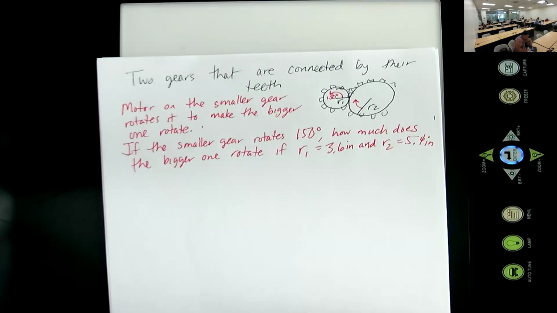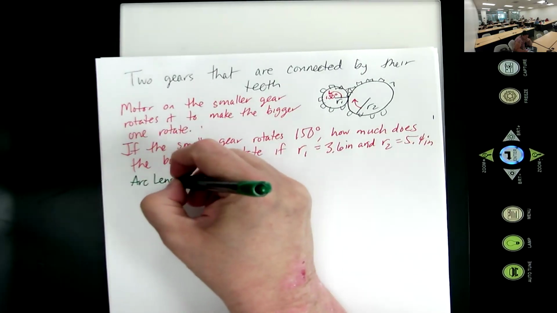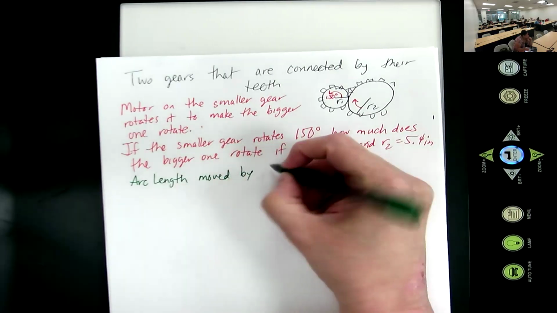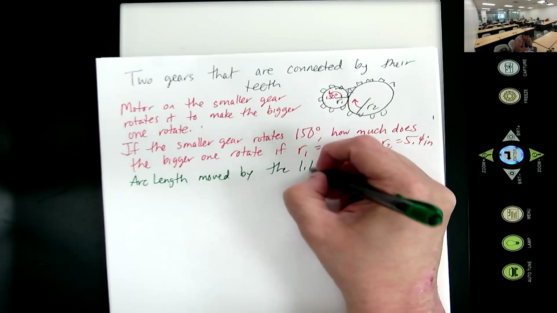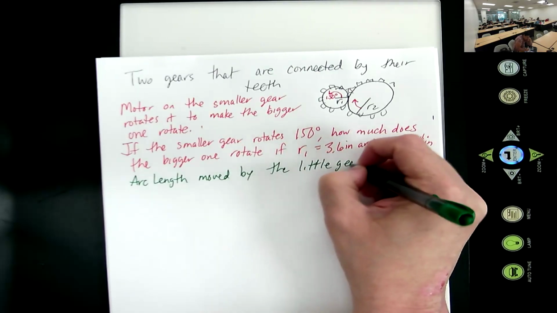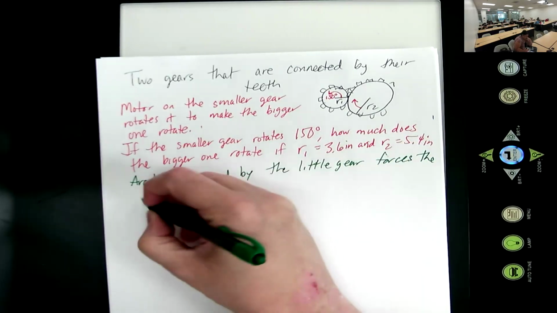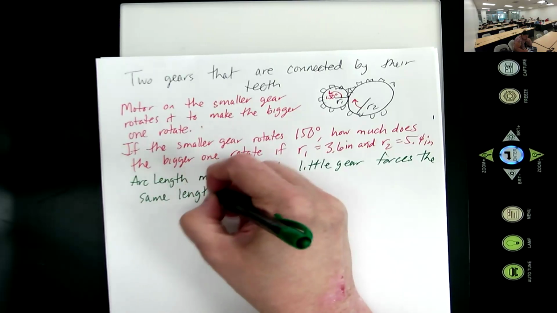The idea is since they're touching together, the arc length moved by the little gear forces the same length of movement in the big gear.